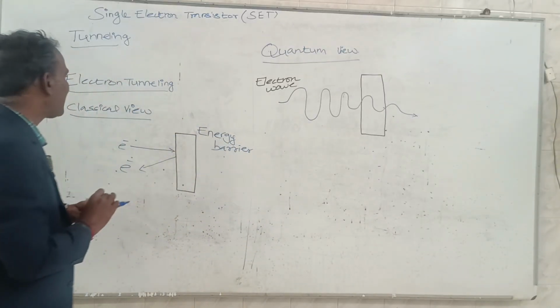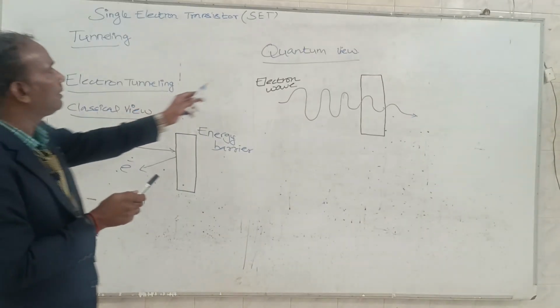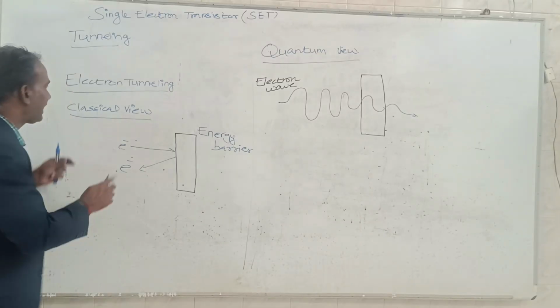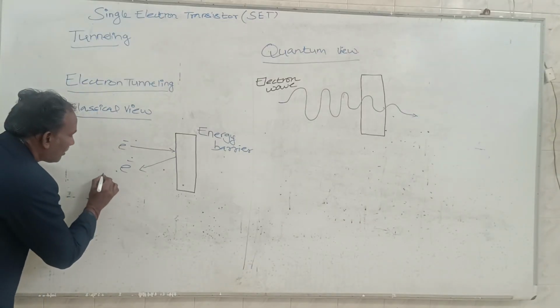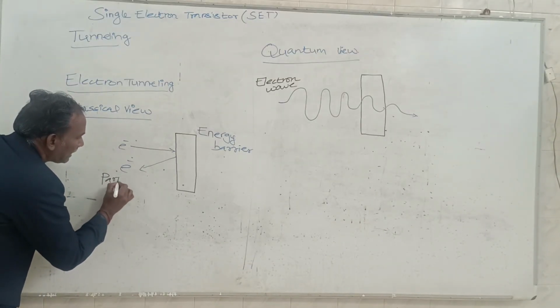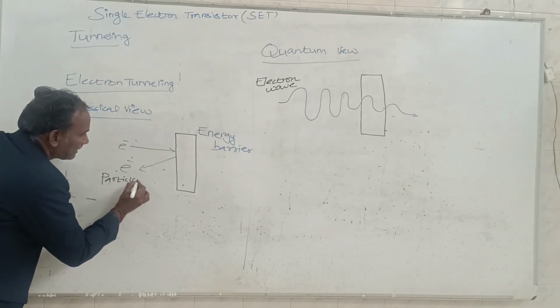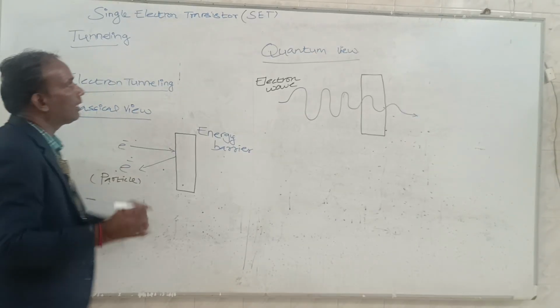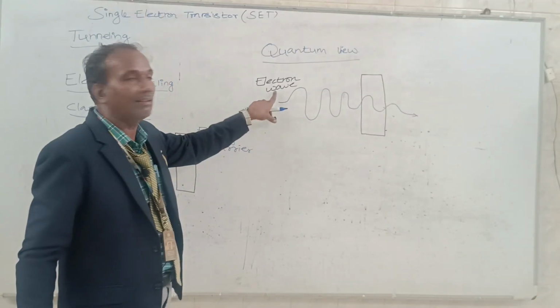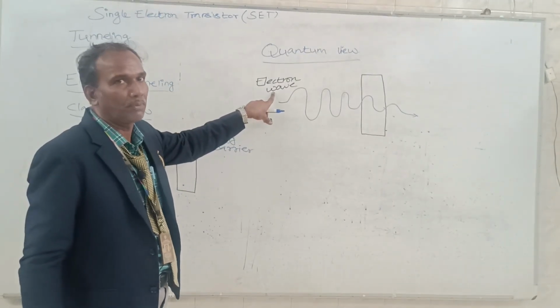Let's see the difference between the classical view and the quantum view. In the classical view, the electron exhibits its particle nature as we discussed earlier. But according to the quantum view, the electron exhibits its wave nature.